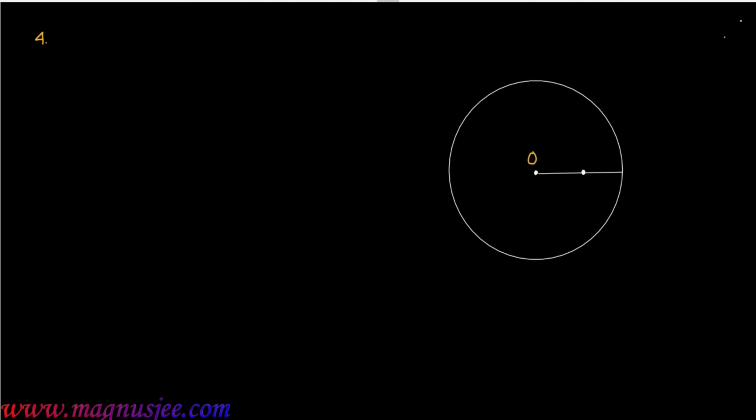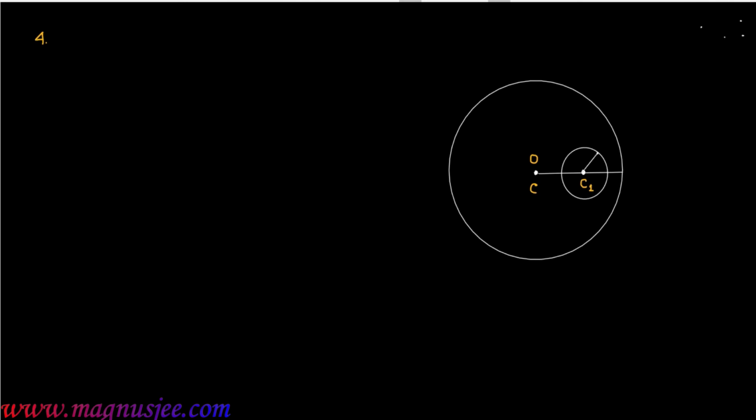O is the origin, which exists at the center of the sphere. C is the center of the sphere. C1 is the center of a small sphere which will be removed from the larger sphere.